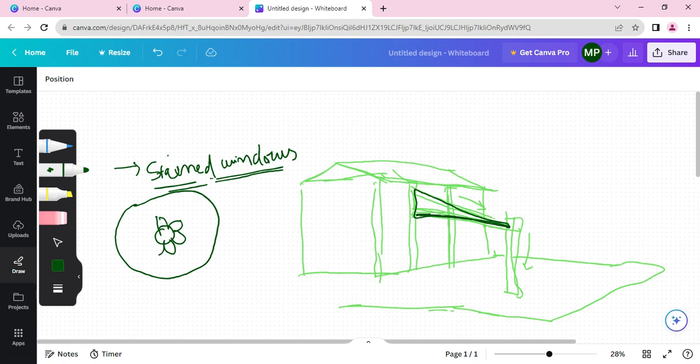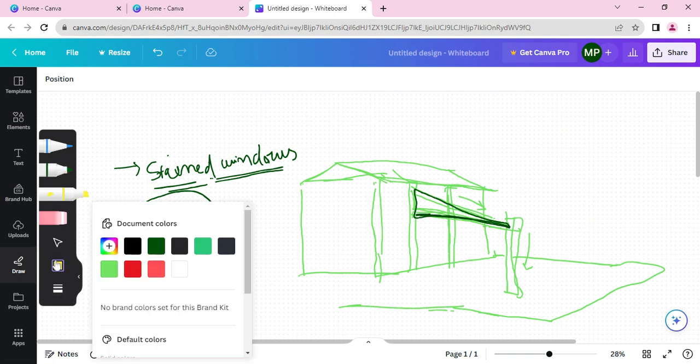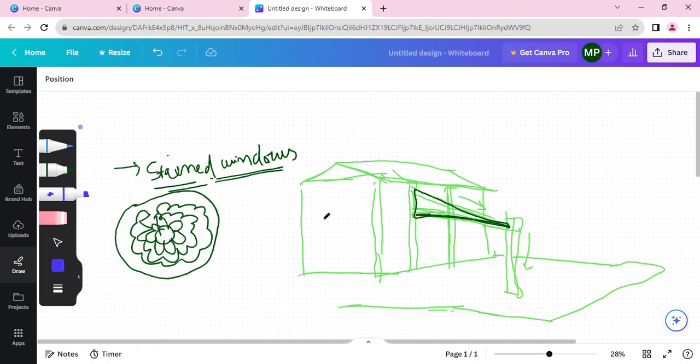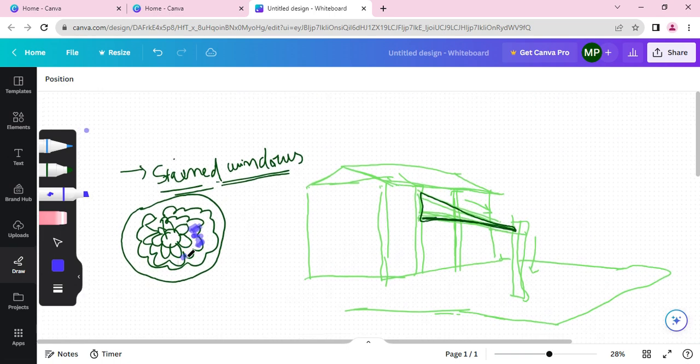Suppose this is glass only, and consider this is a blue colored glass. With the metal framing they used to make different designs, and they used to infill them with colored glass.